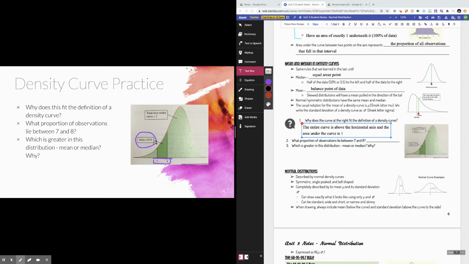So remember, the area between two numbers is the same as the probability of landing, quote unquote, in that area.